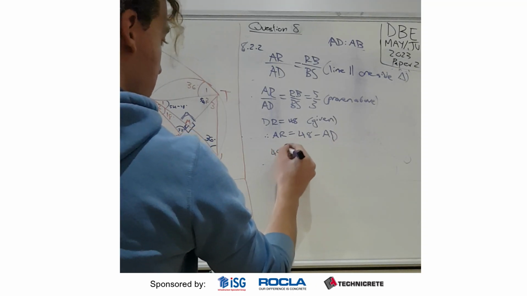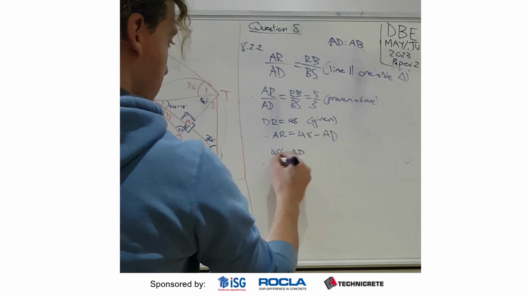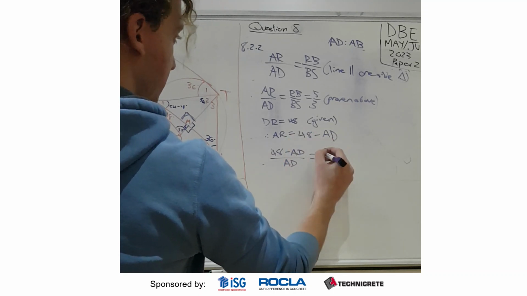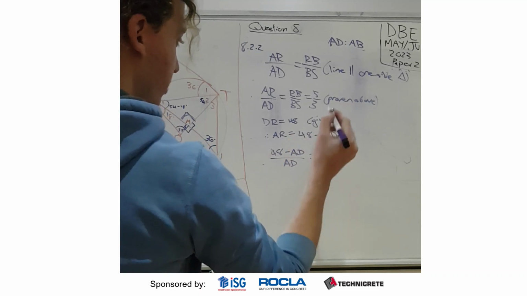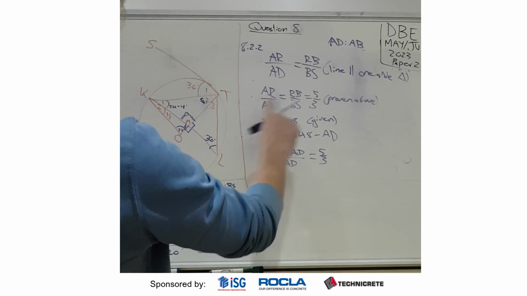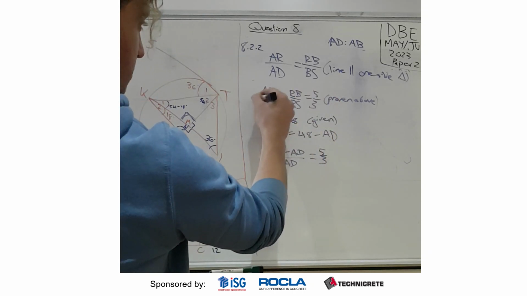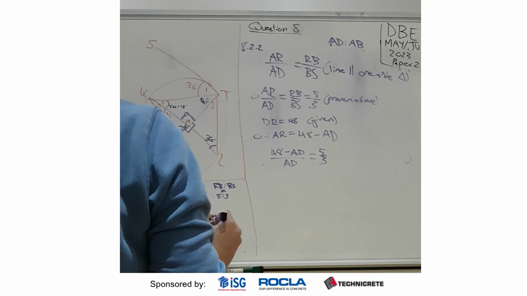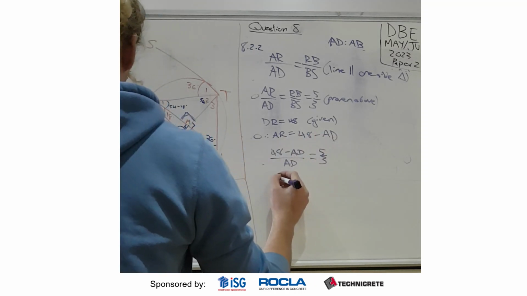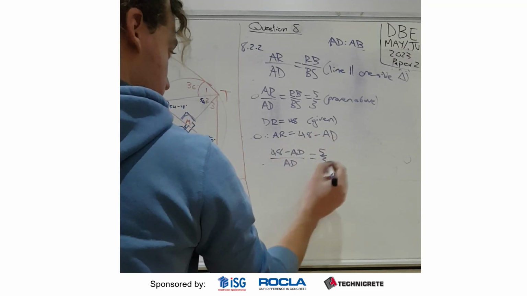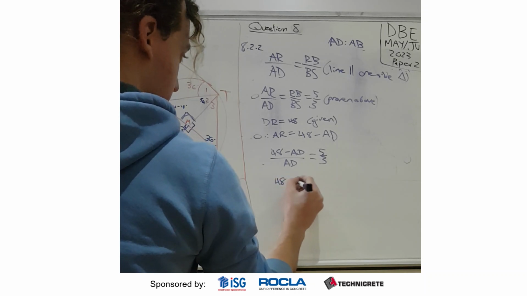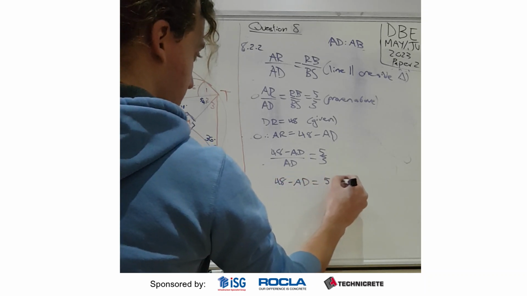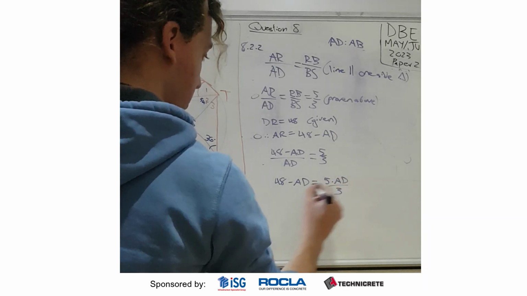So, 48 minus AD all over AD should be 5 over 3. Right, using this bit here and this bit here. Alright, so let's just rearrange a bit. 48 minus AD is 5 AD over 3.